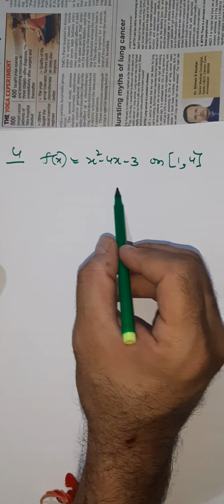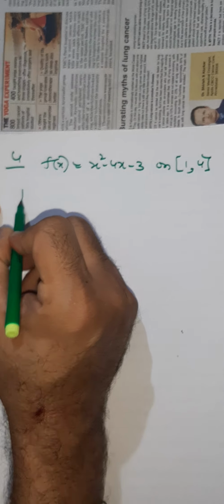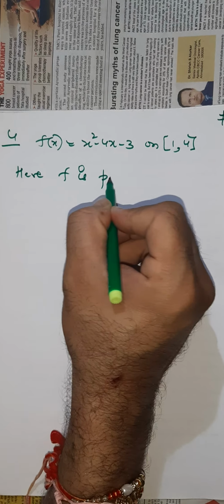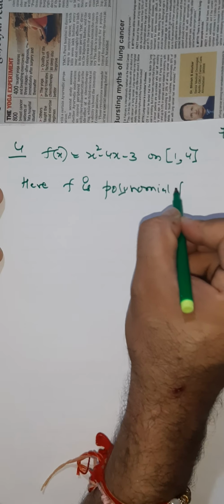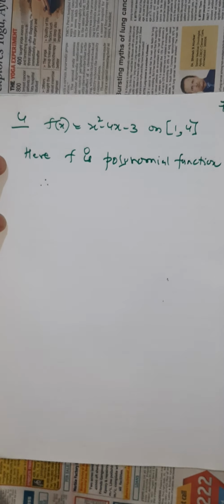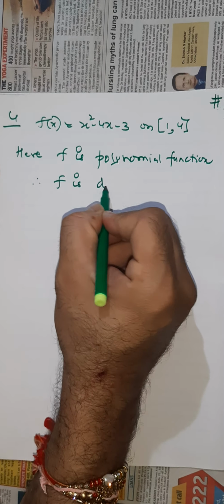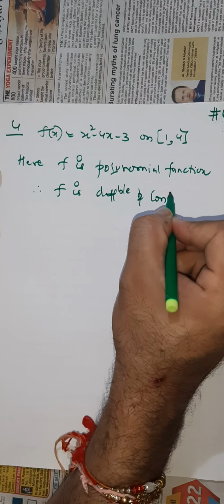Question number 4, you want to verify the mean value theorem. So here f is a polynomial function, as we have noted. And therefore, being a polynomial, it is continuous and differentiable. Therefore f is differentiable and continuous.